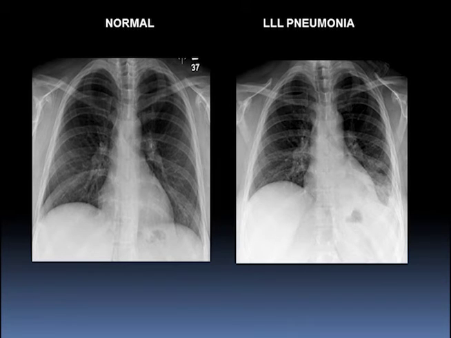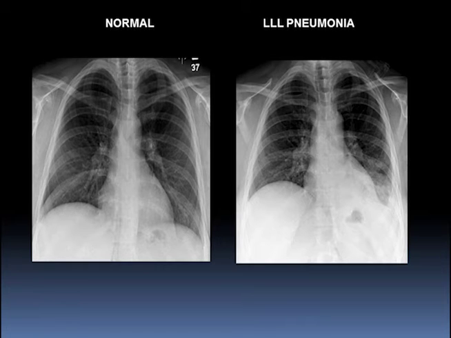Here's another example. The image on the left is normal for the same patient. You can see both diaphragms all the way along. You can see the heart borders nice and sharp, and the mediastinal borders are sharp as well. However, on the film on the right, we can still see the right diaphragm, but the left diaphragm is obscured, and we have airspace disease in that region.